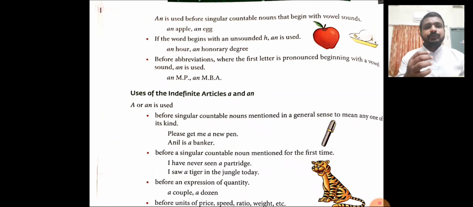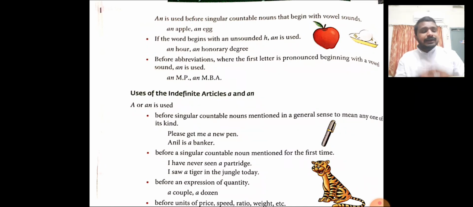If the word begins with an unsounded H, an is used, for example, an honorary degree. There, though we start the word with H, we have used an. Now, before abbreviations where the first letter is pronounced beginning with a vowel sound, an is used, for example, an MB or an MBA.